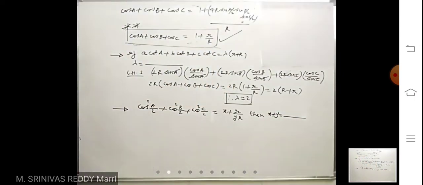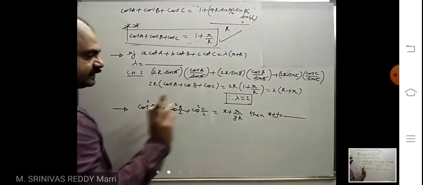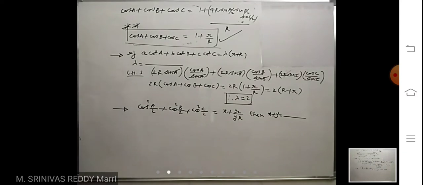Look at this problem. If this is equal to x plus r divided by y into capital R, then x plus y equals dash.